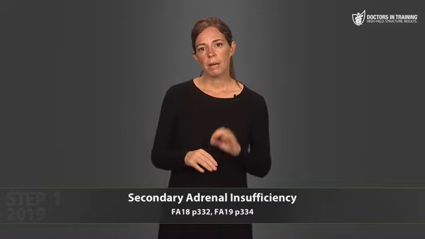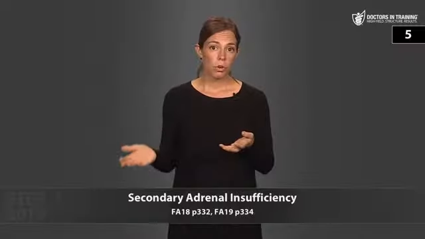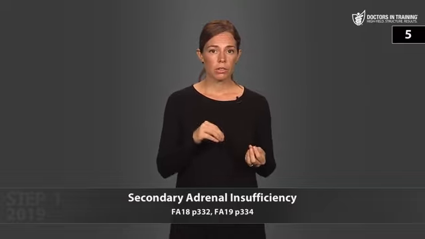Okay, so now let's talk about secondary adrenal insufficiency. Remember, primary adrenal insufficiency is at the level of the adrenal gland. Secondary adrenal insufficiency is one level up from that, which is the pituitary. So in secondary adrenal insufficiency, the pituitary doesn't make ACTH. Therefore, the adrenals aren't stimulated to make glucocorticoids.